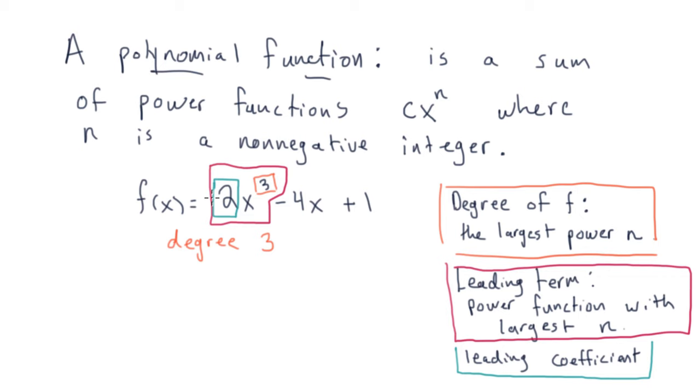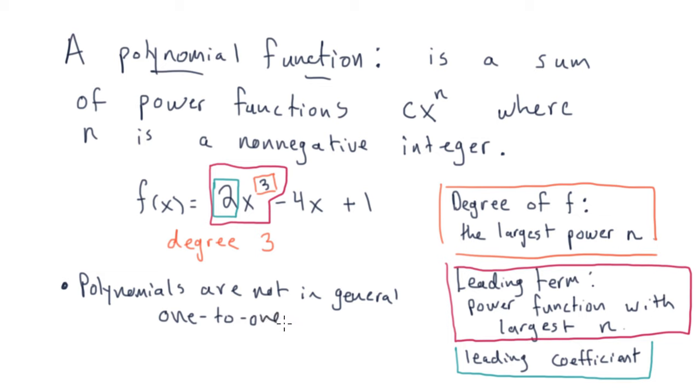So just a couple of notes about polynomials. Polynomials are not, in general, one-to-one. So most polynomials don't have inverses. And then the next note is that polynomials have all real numbers as their domain.